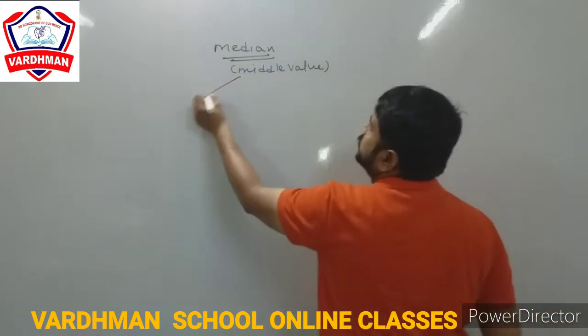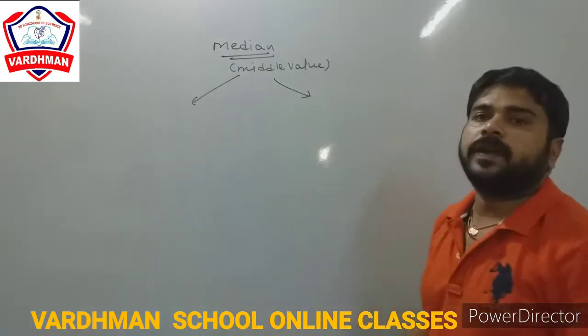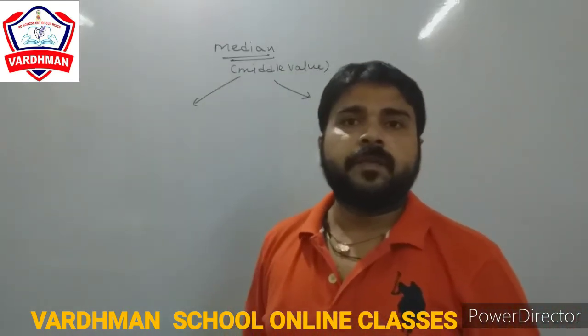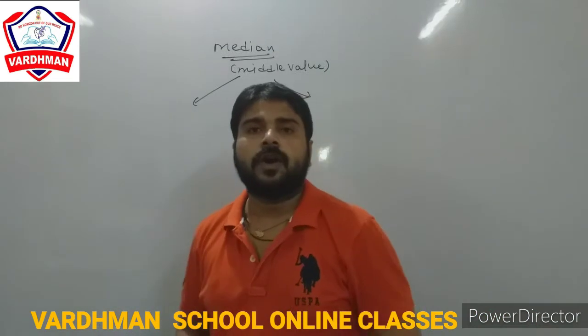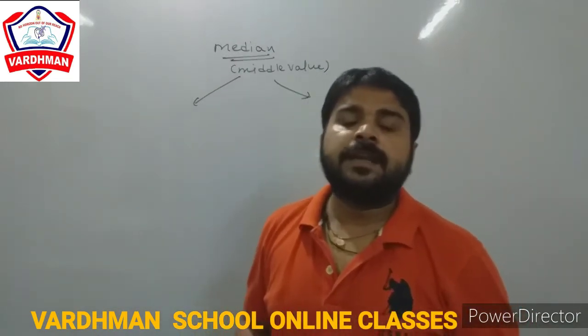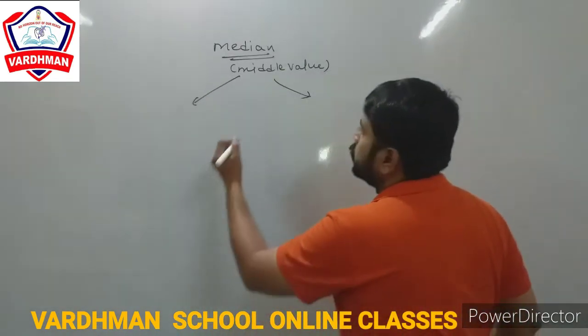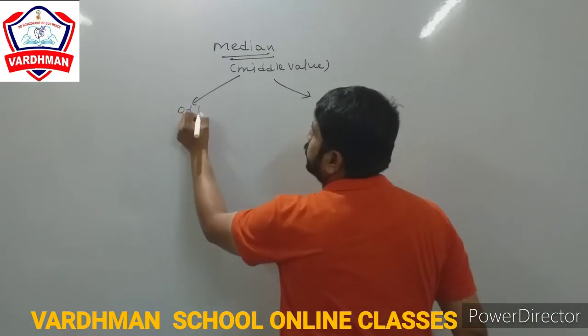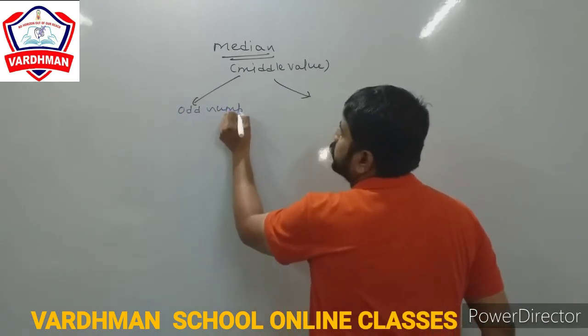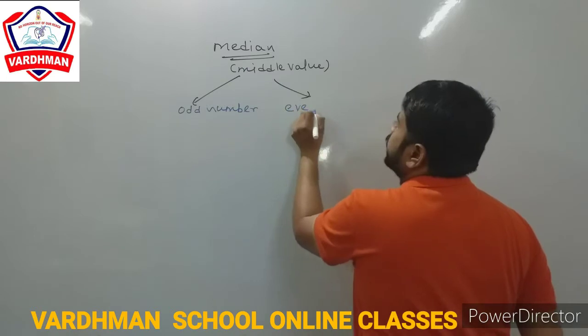Now for ungrouped data there are two types of median, for even number and for odd number, that you learned in 9th class. First is the odd number, and that one is the even number.